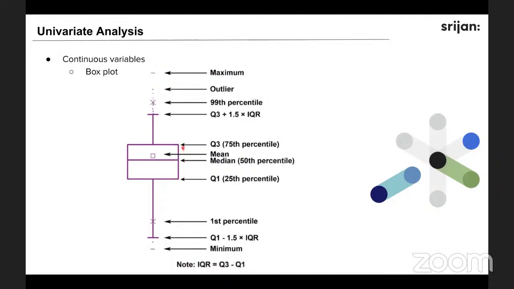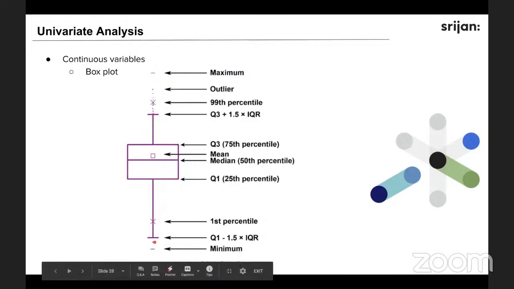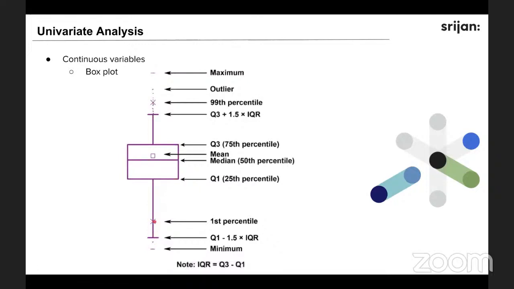So it is just the difference between the value lying at your 75th percentile, minus the value lying at the 25th percentile. So if we are going to say that something which lies beyond the 99th percentile, or maybe at the bottom of, let's say, the first percentile, then we can point it out and say, okay, let's treat them as outliers.